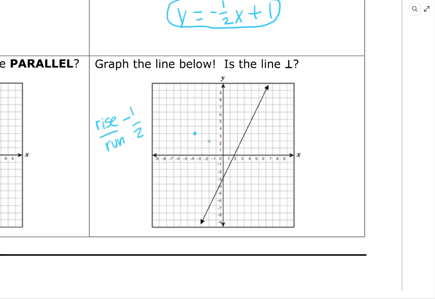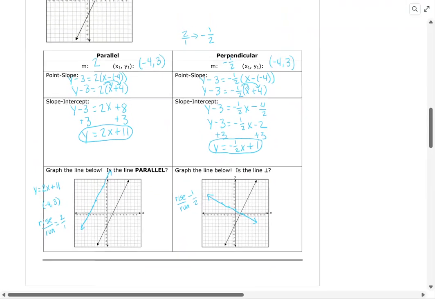So I'm going down 1 over 2, down 1 over 2. And right there, I'm going to notice that my y-intercept is that 1, so I am crossing in the right place. And then I will look at my function here, which we can see is intersecting at a right angle to be perpendicular. If you have any questions, please make sure you are raising your hand to talk to your teacher.